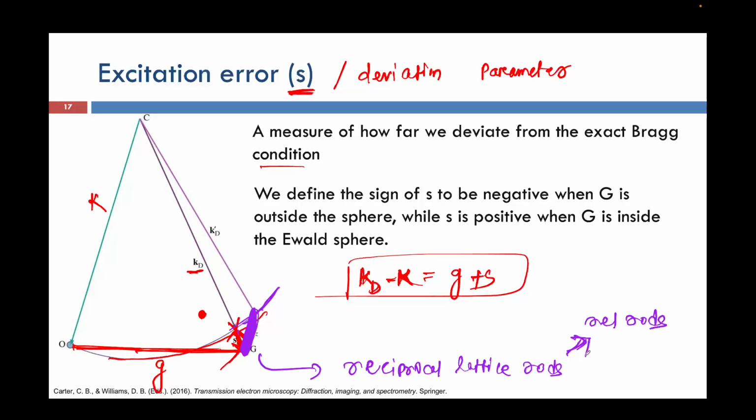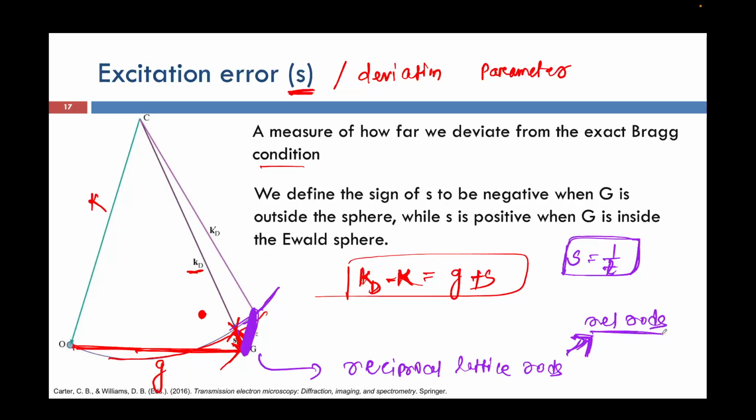This deviation parameter S gives us how thick our sample is. So S is equal to 1 by T. It depends on the thickness of our sample, and the thickness is related to these rel rods.